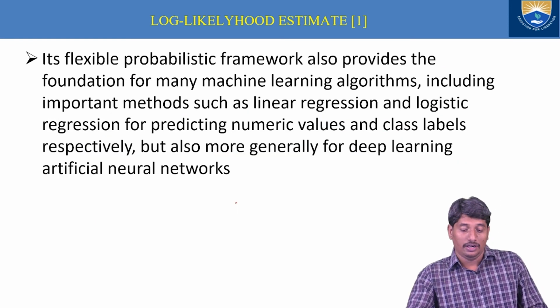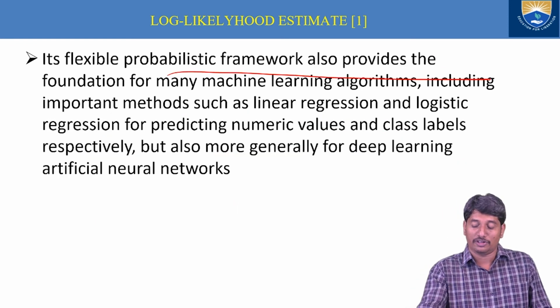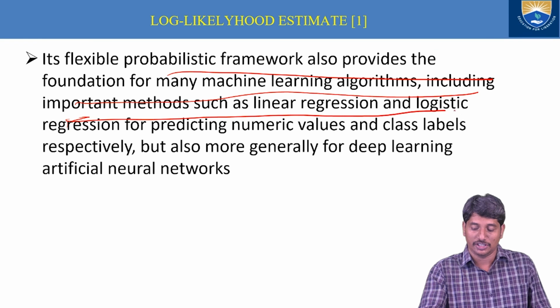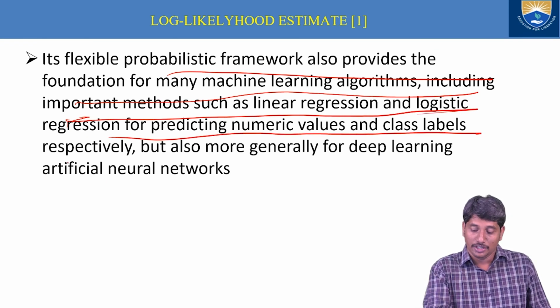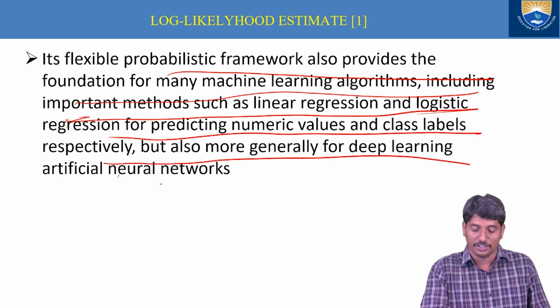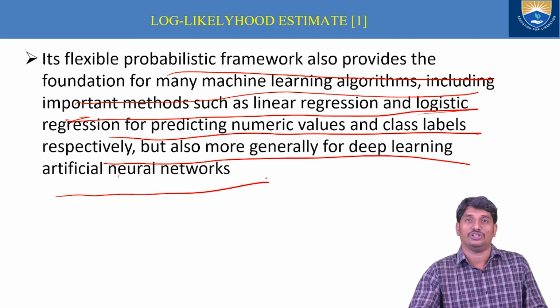Okay, and a flexible probability framework also provides the foundation for many machine learning algorithms, including important methods such as linear regression and logistic regression for predicting numeric values and class labels respectively, but also more generally for deep learning, artificial intelligence, neural networks.